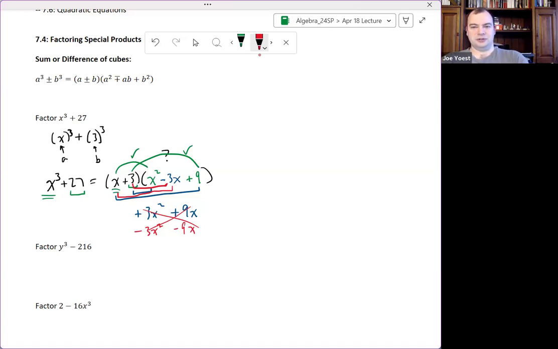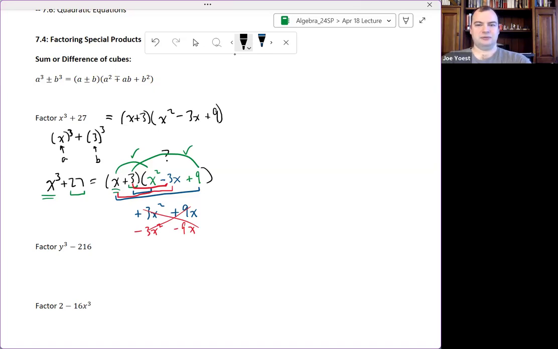So I've kind of drawn all over this thing. But I think we can see through all of that this does equal x plus 3 times x squared minus 3x plus 9.